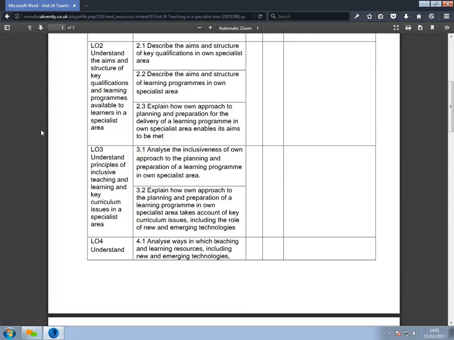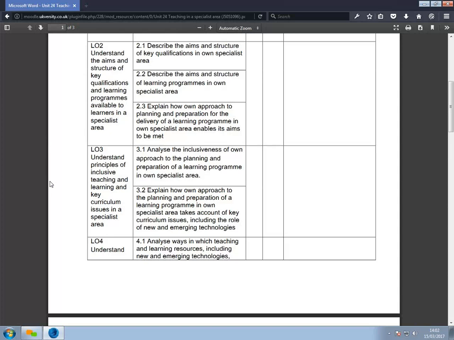Explain how your own approach to planning for the delivery of learning in your own specialist area enables the aims of 2.1 and 2.2 to be met. It will be within your lesson plan and your work in that area. Again, we're down to teaching and learning, the principles of inclusive teaching and learning, and key curriculum issues in the specialist area.